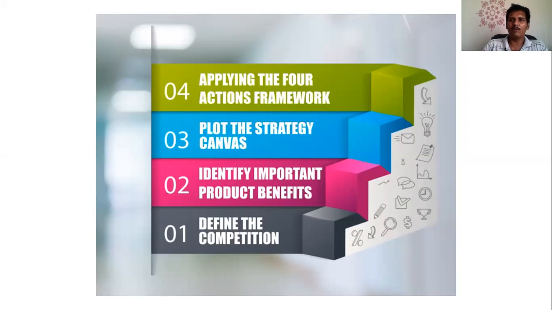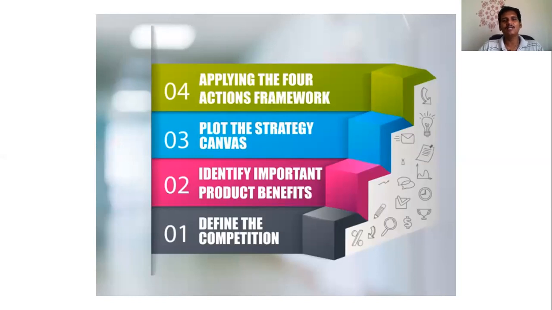I have a mobile app, and using the app with a fingerprint, as soon as I press, the door should open. This is a very new product, not available in the market. But you cannot say you don't have competition. Of course, this product also has competition. Basically, any lock is a competitor for this. So the first step is defining the competition.